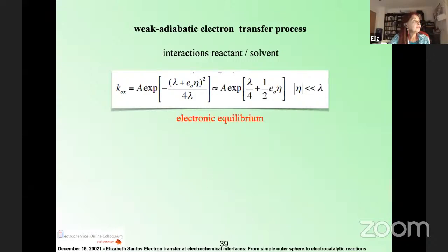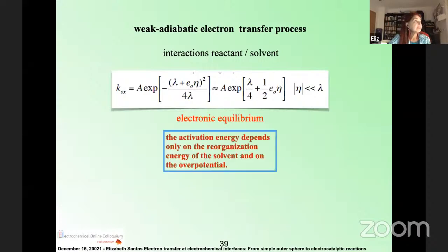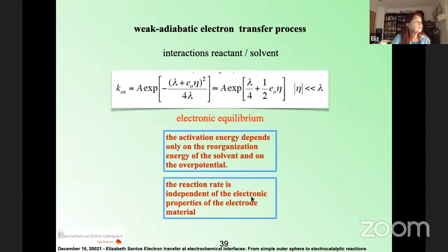Here we have electronic equilibrium, and the activation energy depends only on the reorganization energy of the solvent and on the overpotential. This is in the case of weak interaction, and the reaction rate is independent of the electronic properties of the metal.